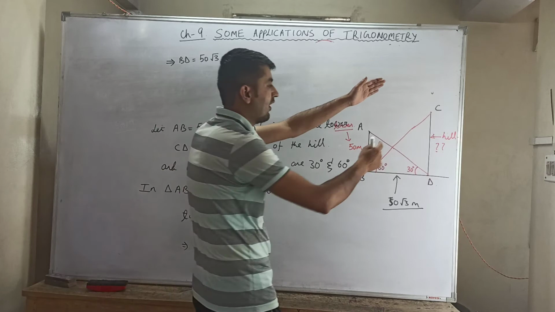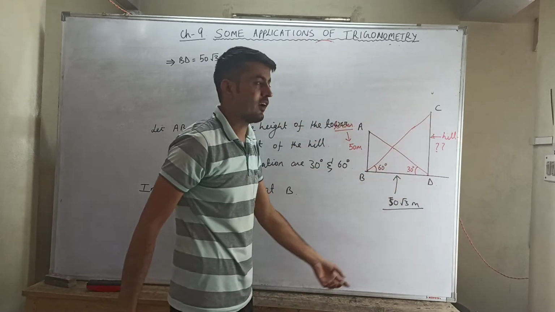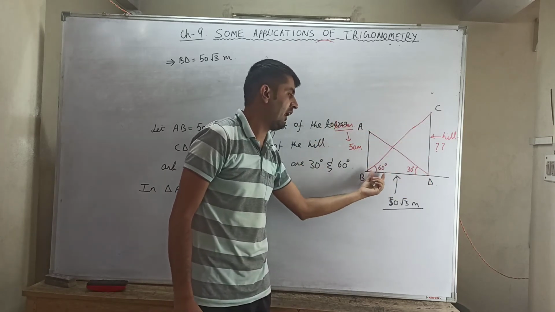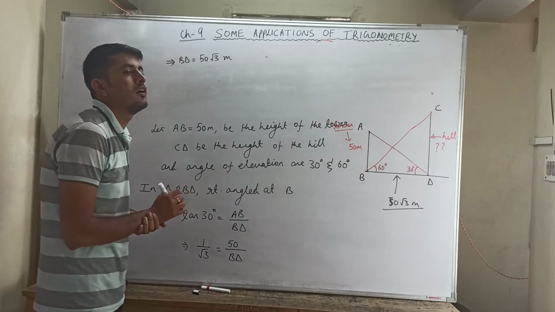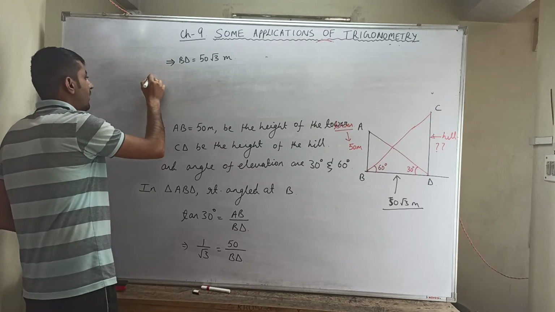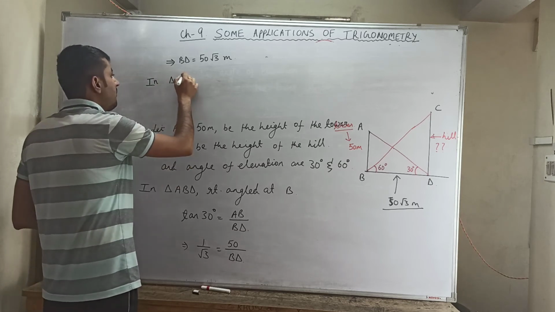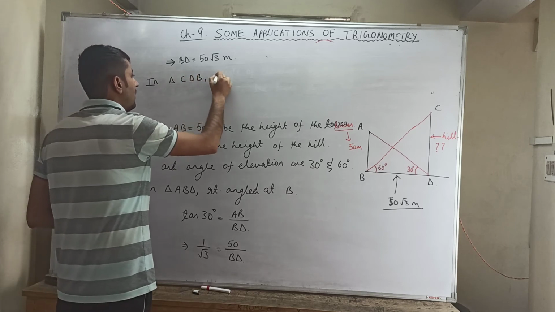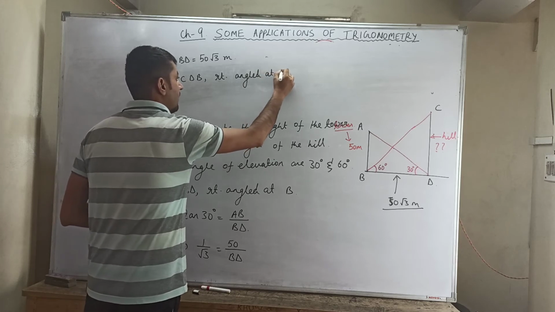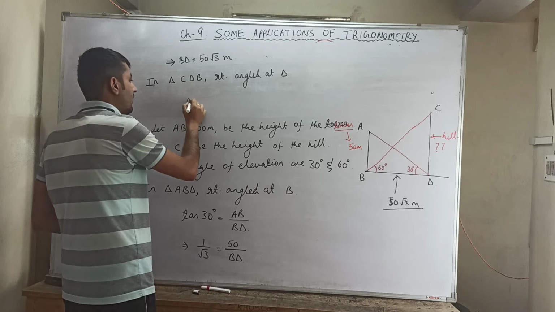Now, what you will be doing next? You consider this triangle CDB. Then you use your tan of 60 degrees and see how much you are going to get. So, next line. In triangle CDB, right angled at D. Now you use tan of 60 degrees.